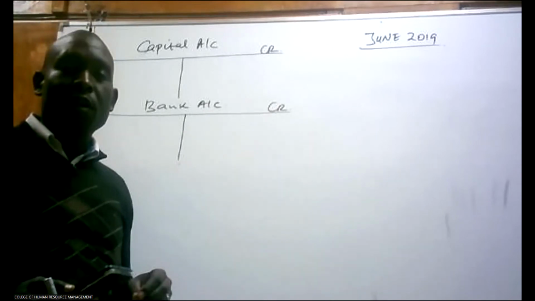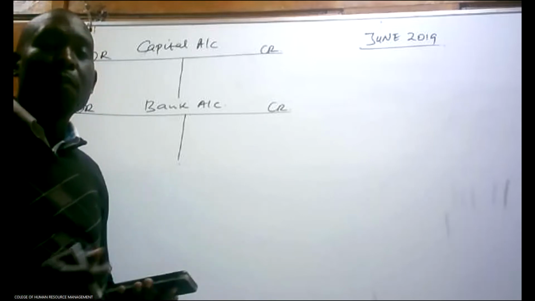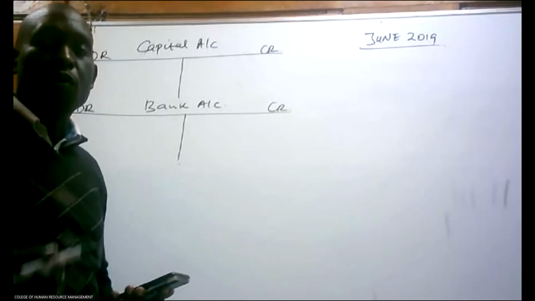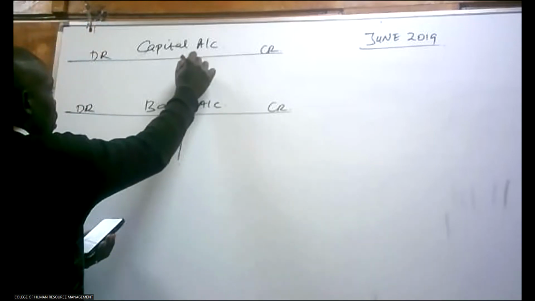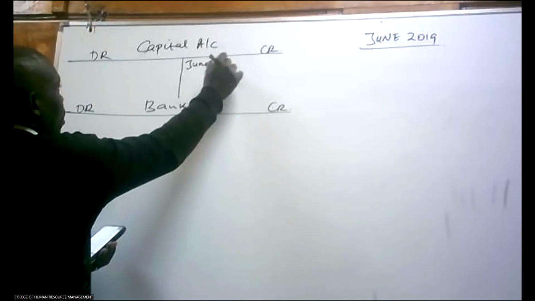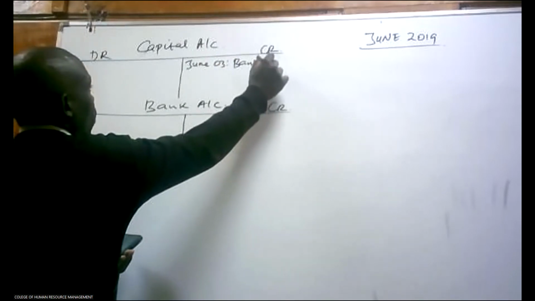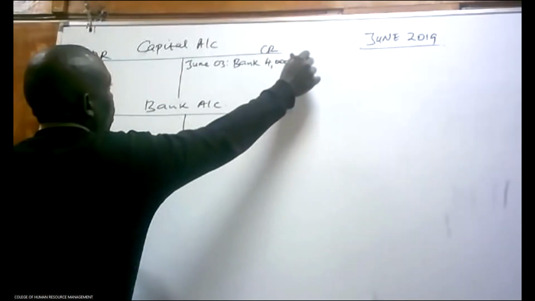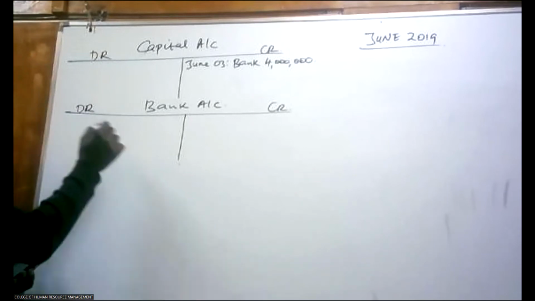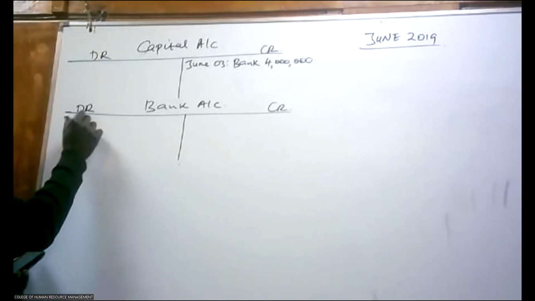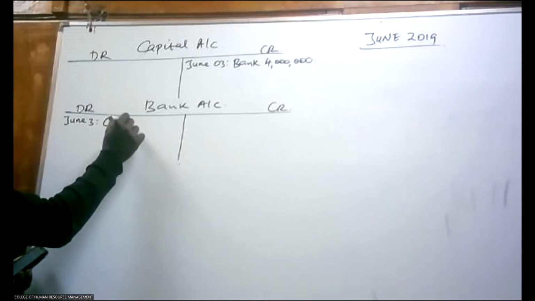That's why there was no business. Now that the owner has brought in money to start the business, capital has increased from the initial 0 to 4 million. So you just write here June 3, capital is in the bank, 4 million. Then the bank account has received that capital on June 3, in form of capital.